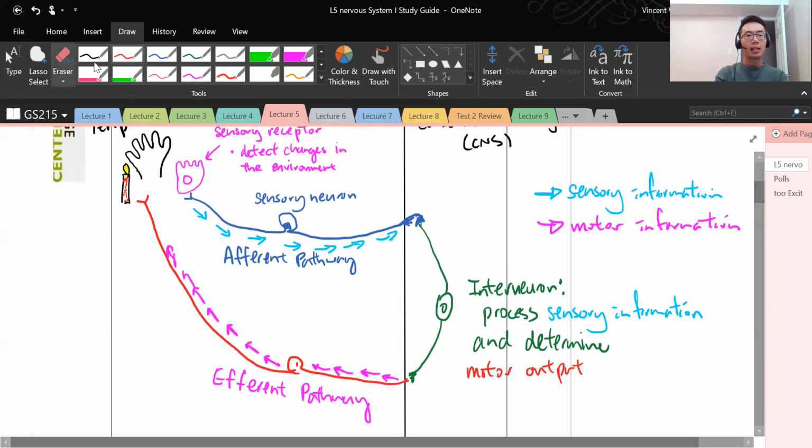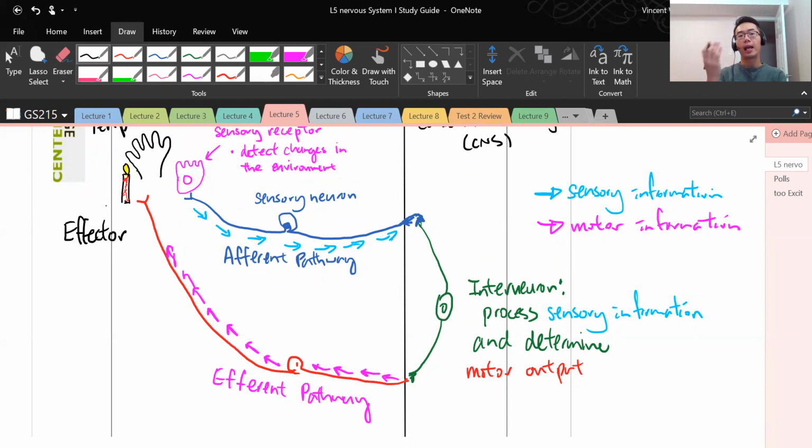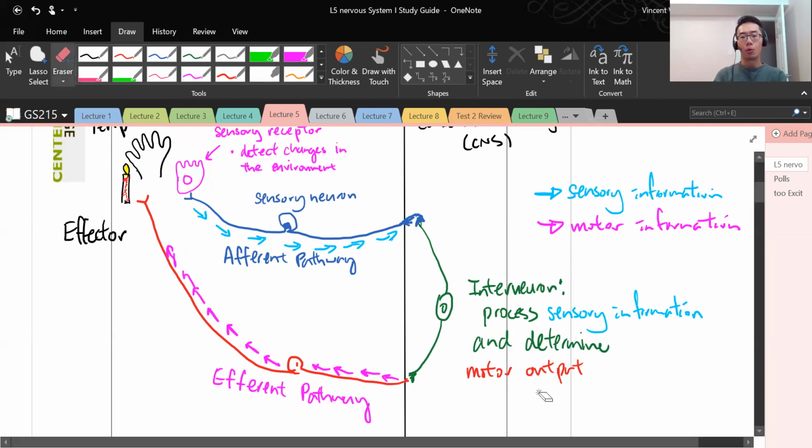So in this case, the hand is also called the effector. The effector is basically the final destination of the information flow, the part that will be carrying out the motor output.